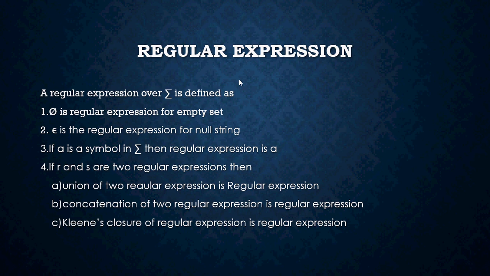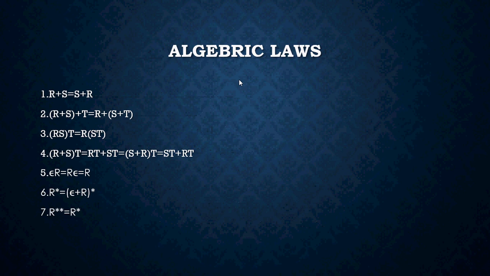Now the algebraic laws of regular expressions are R plus S is equal to S plus R, which is called the commutative law. R plus S plus T can be represented as R plus (S plus T).